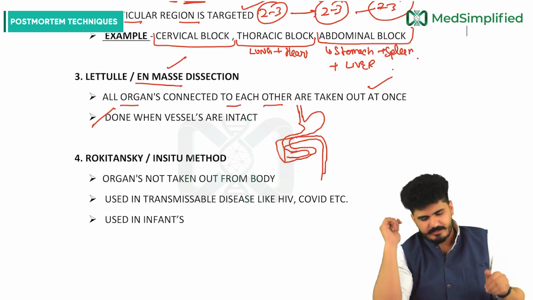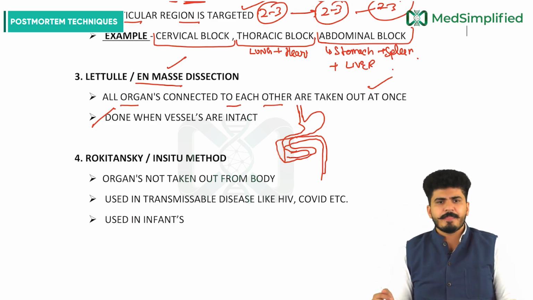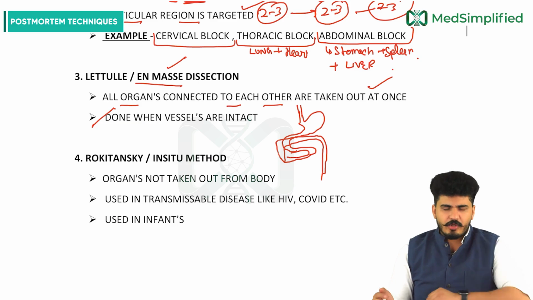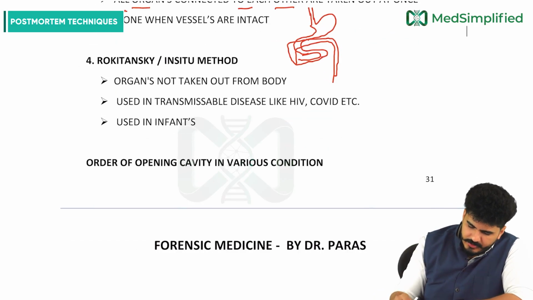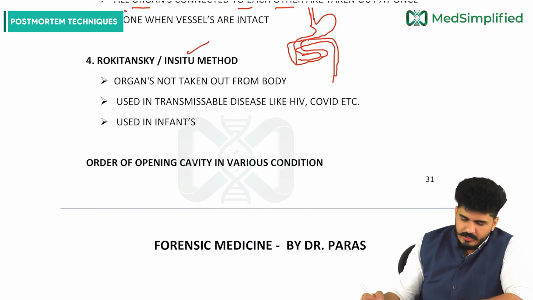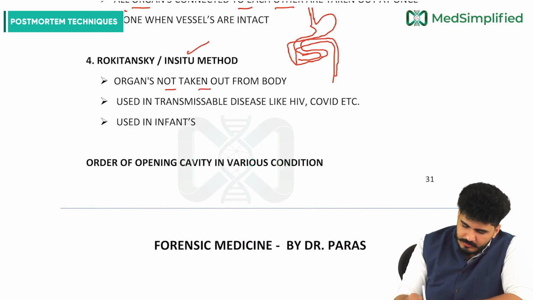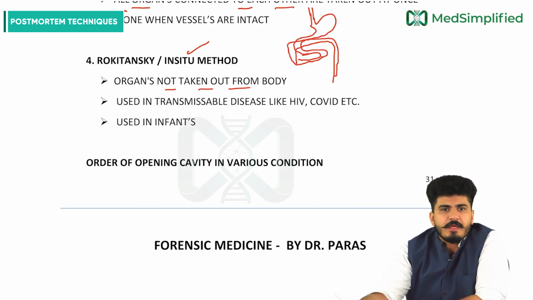Now the fourth method we need to discuss right here, sir, is Rokitansky method. Rokitansky method is also the in situ method. Organs are not taken out from the body. Important word.